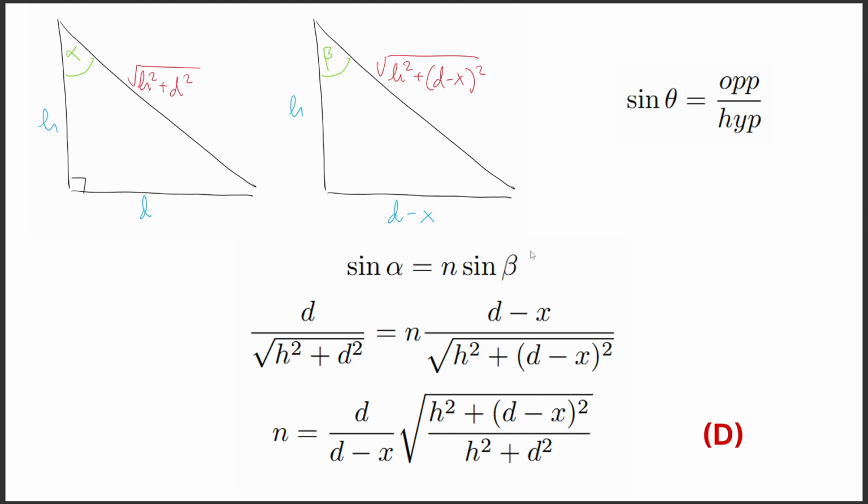And for sine beta, its opposite is d minus x over this. So we can write it like this. And to find the refractive index n, we just have to move the square root of x squared plus (d minus x) squared to the top here and d minus x to the bottom here. So it became the answer D.